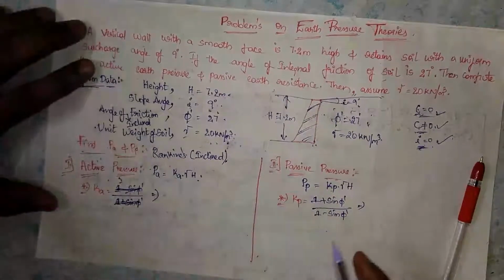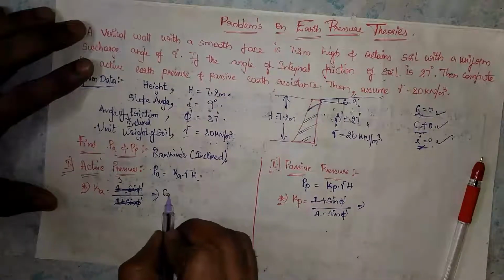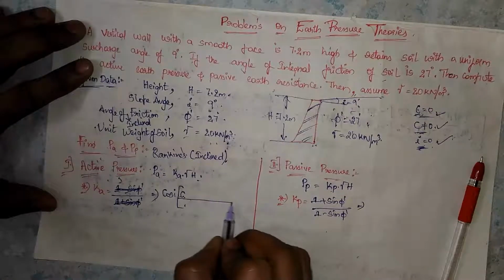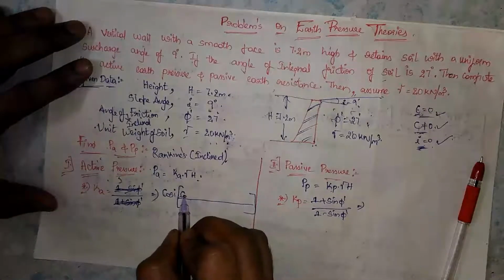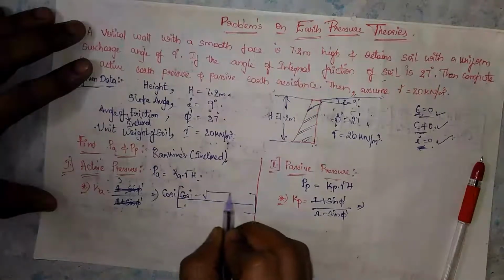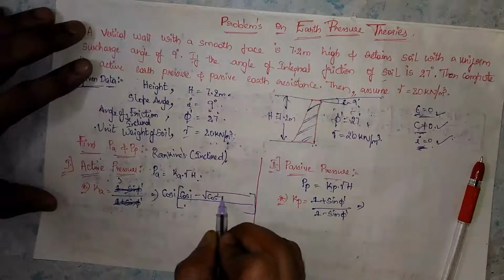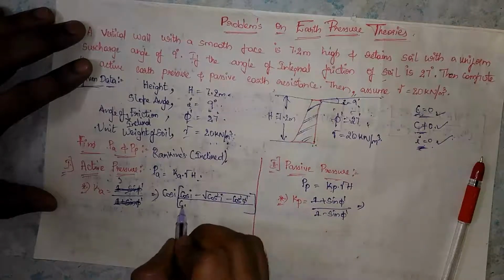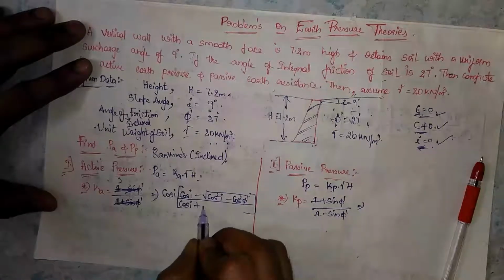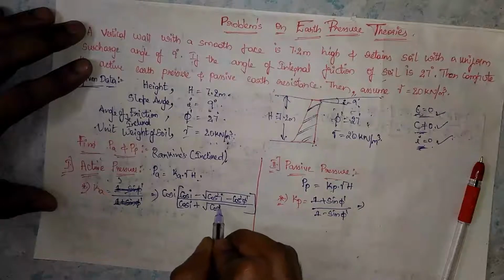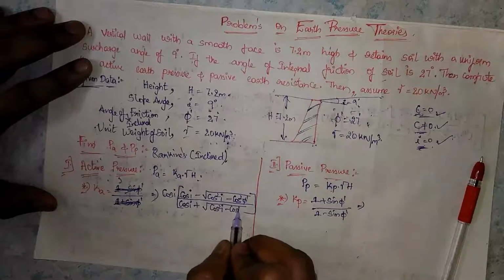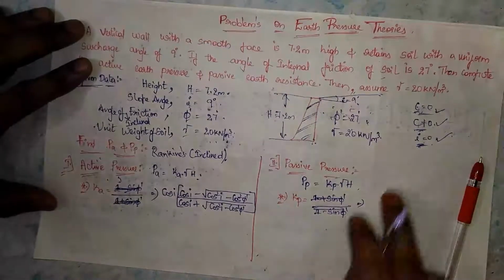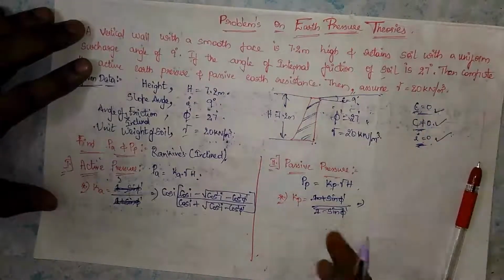For this Rankine's inclined position, the formula is cos i into (cos i minus root of cos square i minus cos square phi dash) by (cos i plus root of cos square i minus cos square phi dash). Okay, for this also, not this one. I have given the cohesive and cohesionless soil formula.